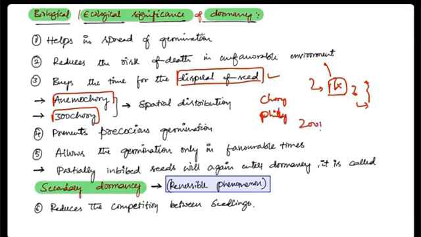Like zoophily and zoochory. What is the difference between chory and phylly here?